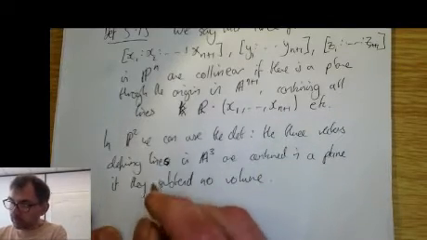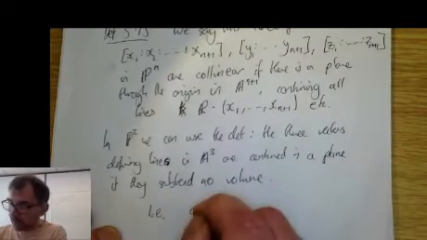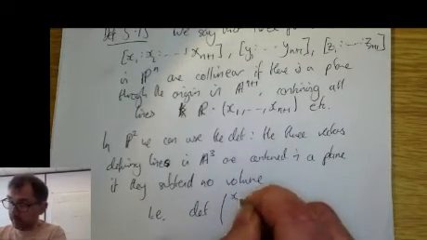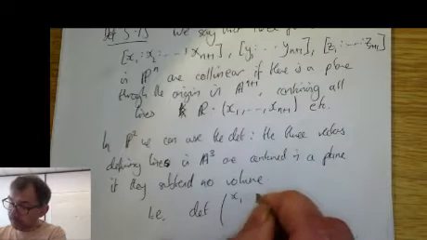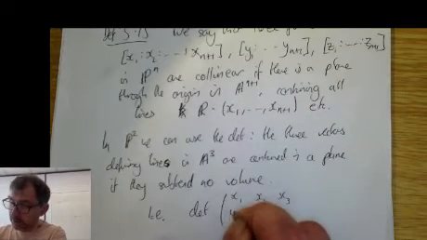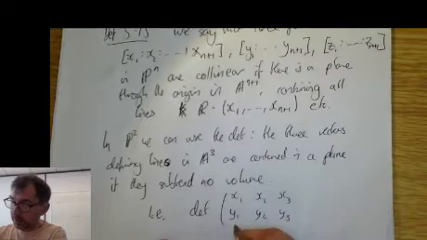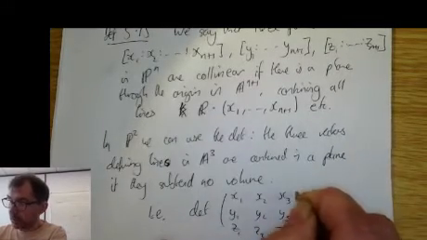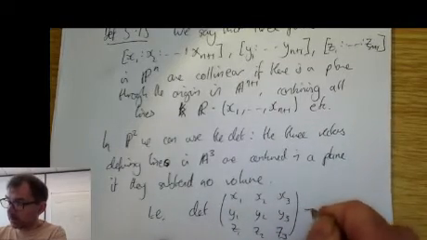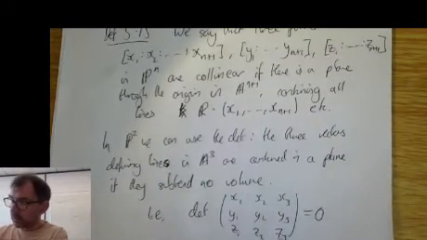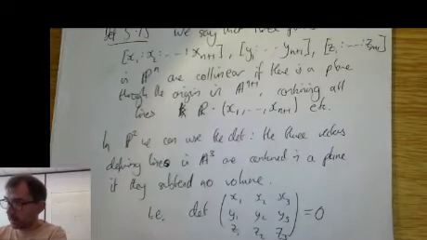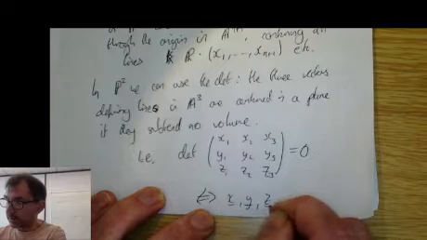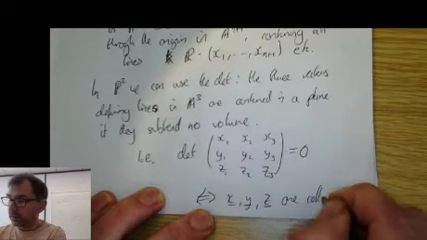So we can just calculate the determinant of x1, x2, x3, y1, y2, y3, z1, z2, z3, which equals 0 if and only if, I'll just write x, y, z, are collinear.